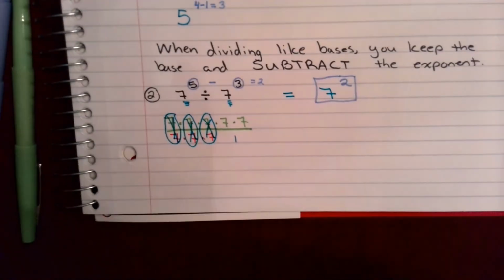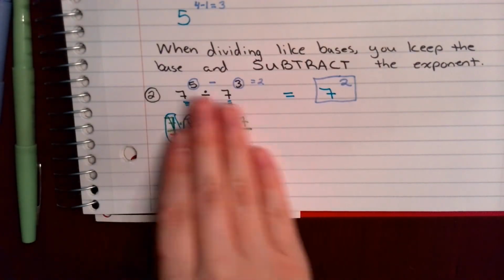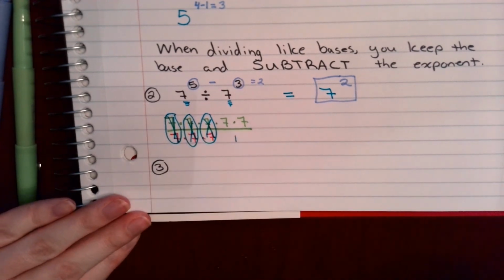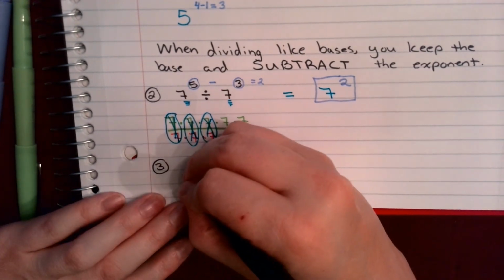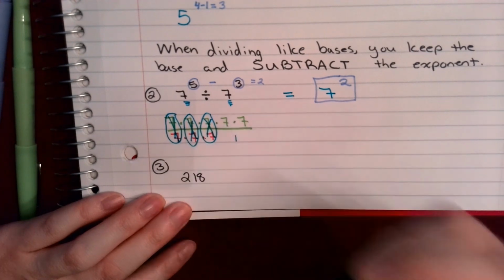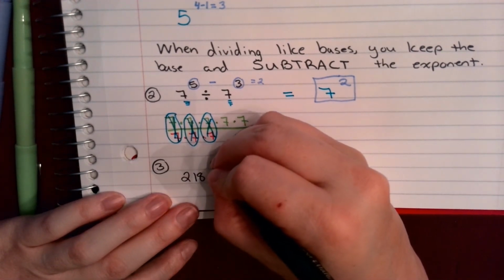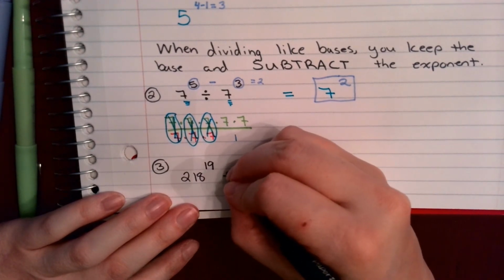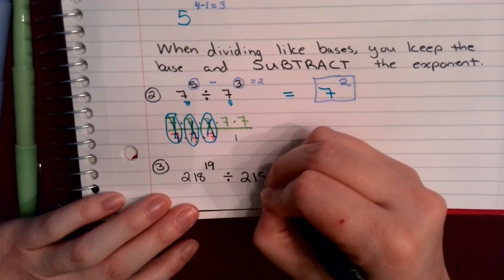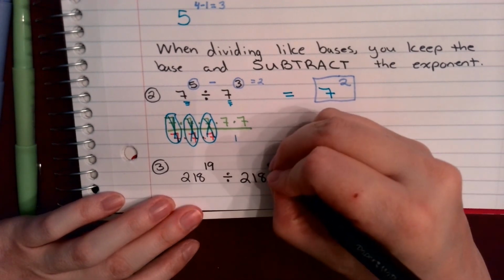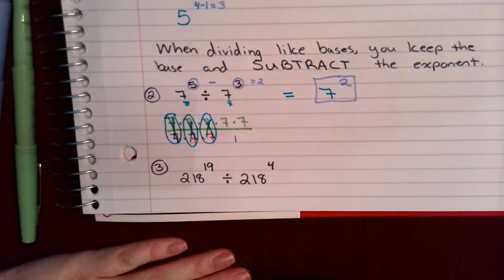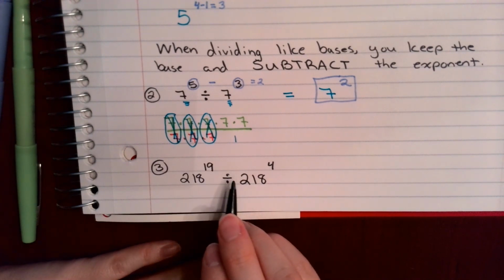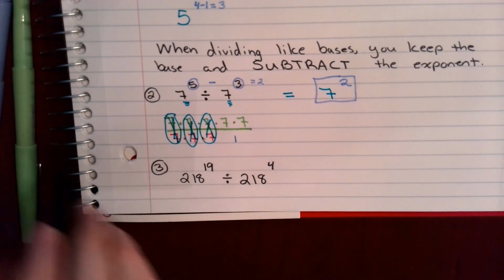All right, let's try another one. I'm not going to show you an example like this, so I'm going to make the numbers really large. So we're going to say it's 218 to the 19th power, and we're going to divide it by 218 to the fourth power.